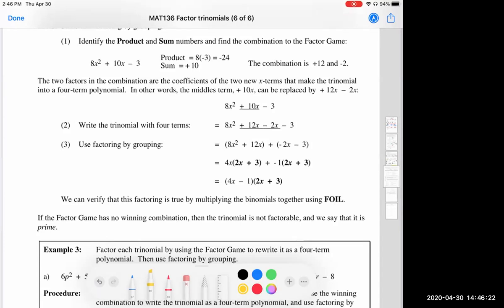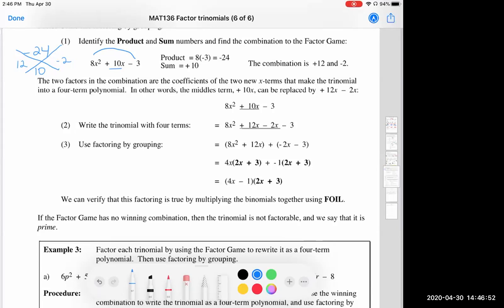So in this case, 8 times negative 3 gives us negative 24, and my middle term is 10. So what numbers work so that when I multiply them, I get negative 24, and when I add them, I get 10? 12 and negative 2 work, right? 12 times negative 2 gives me negative 24, and 12 plus negative 2 gives me 10.